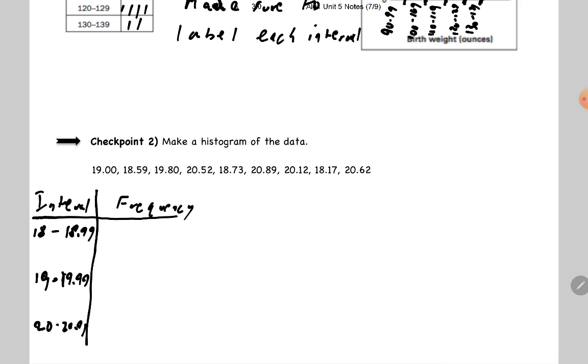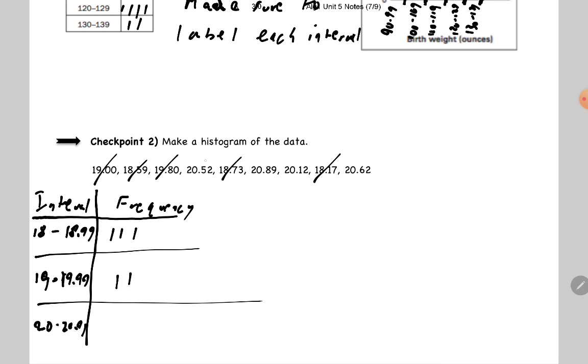There we go. So 18 to 18.99. So we have 18.17, 18.73, and 18.59. So 1, 2, 3. 19 to 19.99 is 2. And then we have 1, 2, 3, 4 in the 20s.